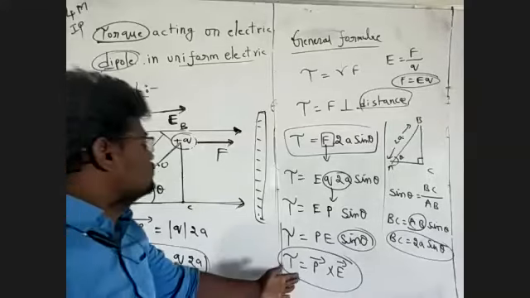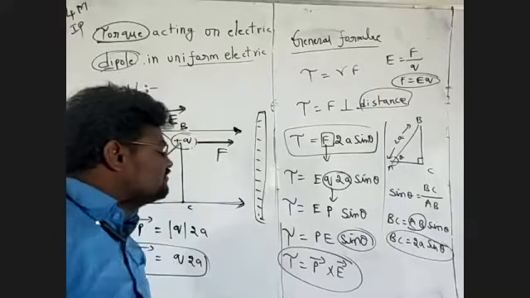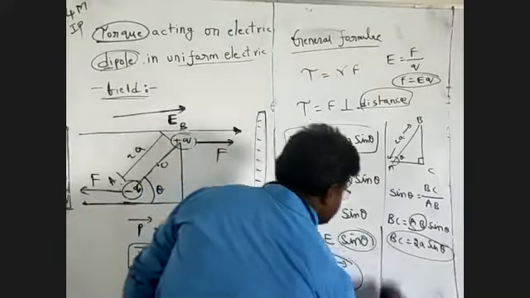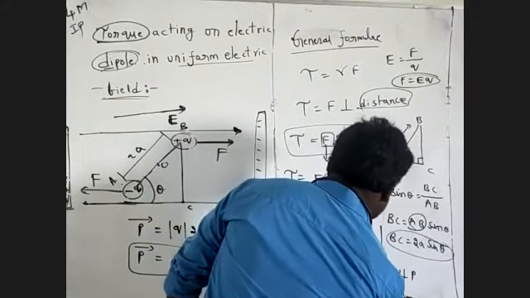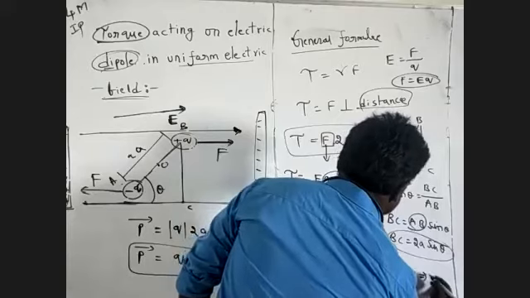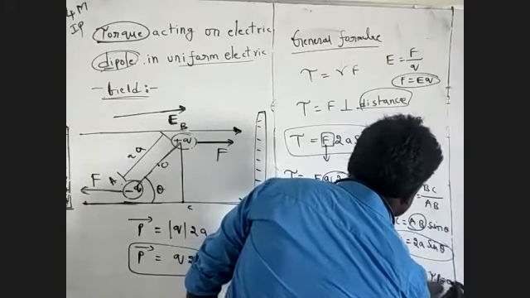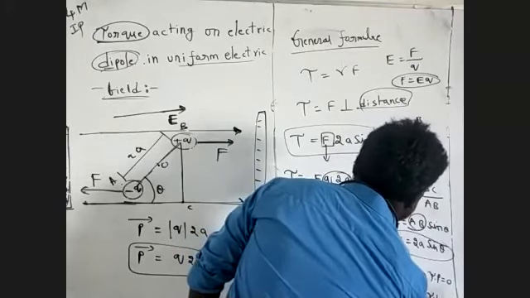Now the direction of tau is perpendicular to P and perpendicular to E. That means tau dot P is equal to 0, and tau dot E is also 0.